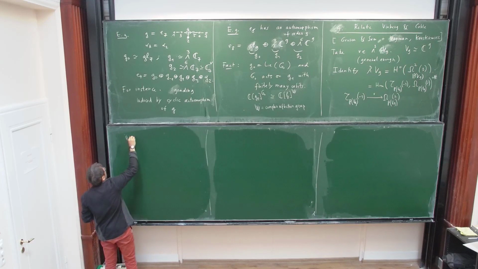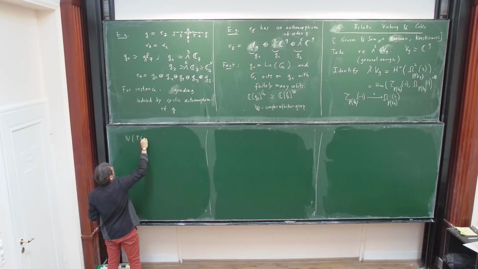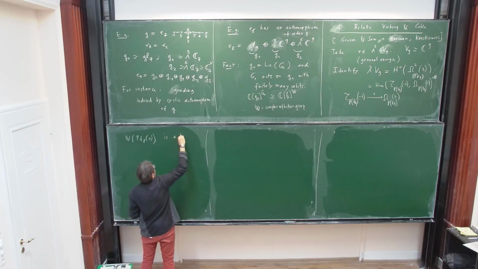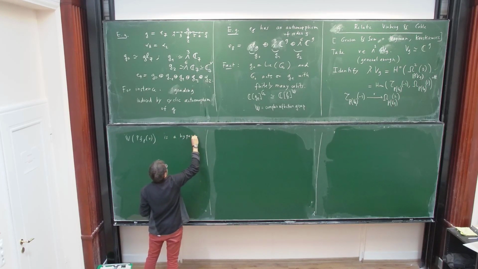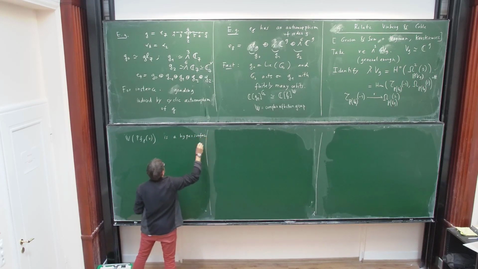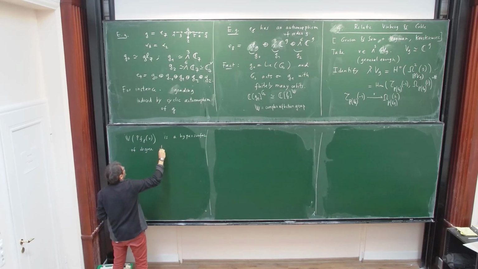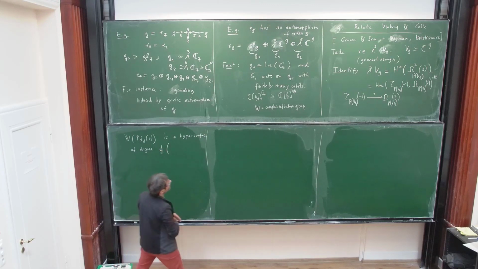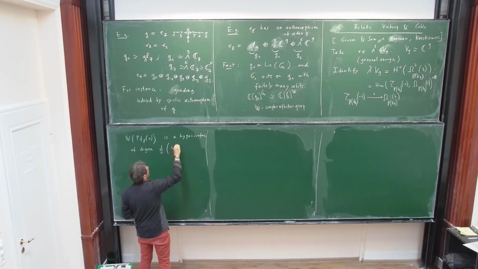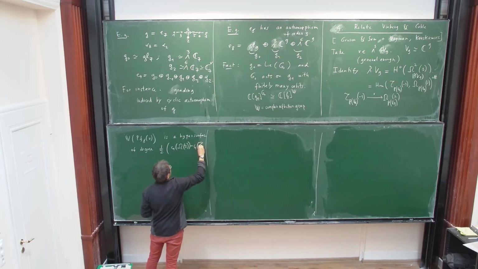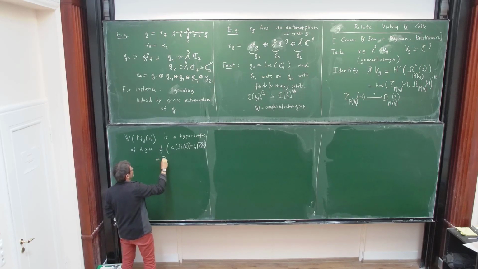So the vanishing of the Pfaffian 8 is a hypersurface of degree one half of something because it's the square root, and then just say the C1 of omega 2 minus the C1 of tangent of -1, and you compute this as 3.